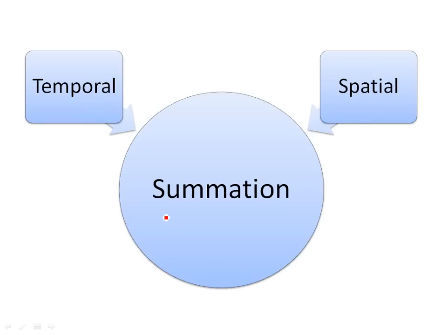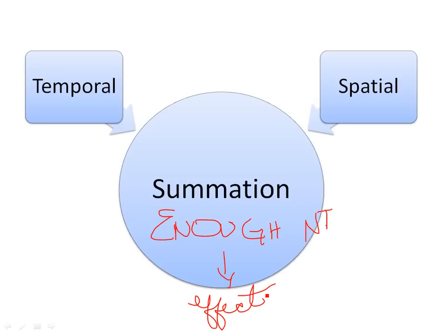So what's summation? Summation in Miss Klein language means enough. You have to get enough neurotransmitter to cause an effect. Well, there's two ways I can get enough neurotransmitter to cause an effect. I can either dump a lot of neurotransmitter, I can do a lot of exocytosis at one moment in time, or I can release neurotransmitter over a period of time.